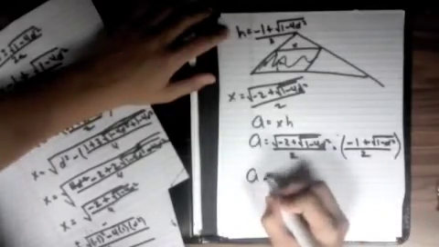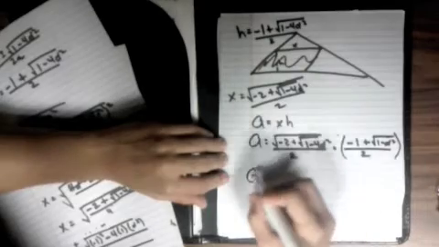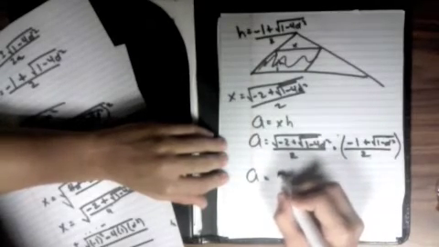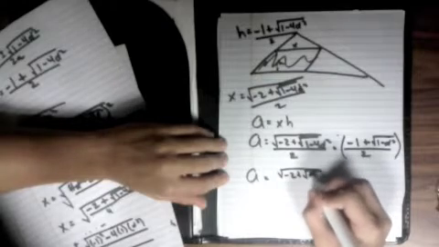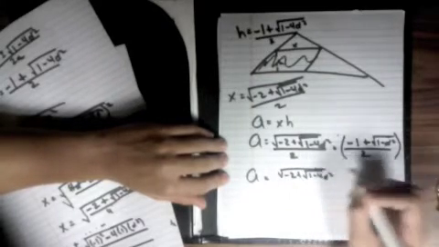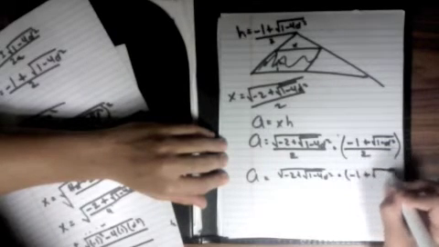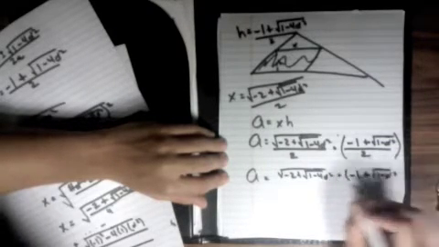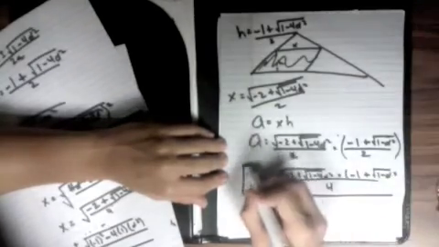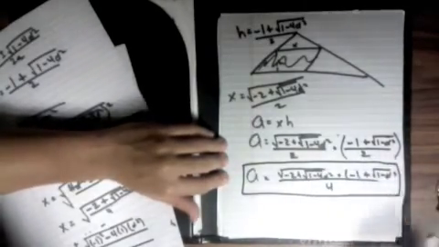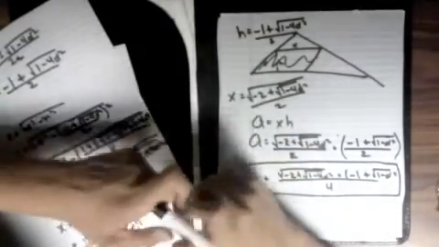So if we simplify this, we would have that the area would be the square root of negative 2 plus 1 minus 4d squared multiplied times negative 1 plus the square root of 1 minus d squared, all of this over 4. And this would be our answer. You can simplify it even more, but basically this would be our answer, and that's the process. So thank you for your attention.